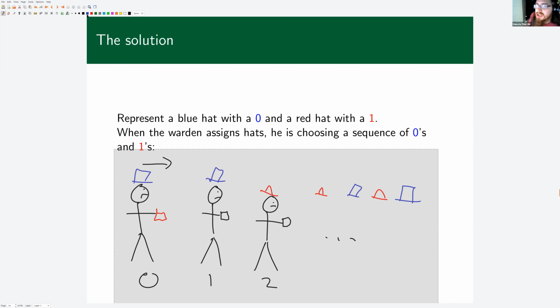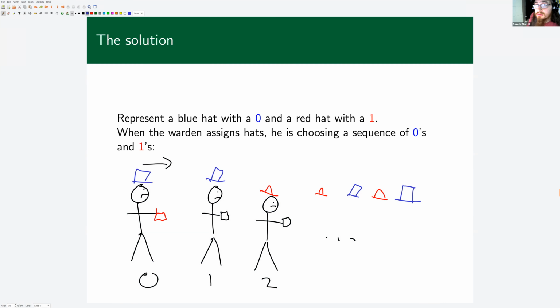What he's really doing is choosing, like, this is 0, 0, 1, and then whatever this is 1, and then 0, and then 1, and then 0, right? And so this gives some nice symbols to attack the problem with.